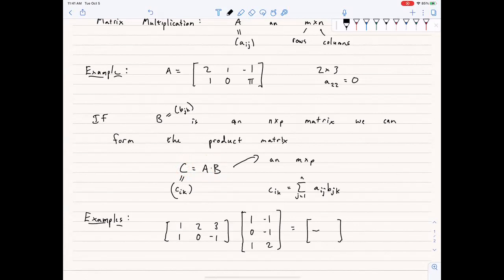And so I want to know, let's say, the 1, 1 entry of this 2 by 2 matrix. So what I do is I take the first row of the first matrix and the first column of the second matrix. And I essentially take their dot product. So I'll take 1 times 1 plus 2 times 0 plus 3 times 1. So that's 1 plus 3, which is 4.